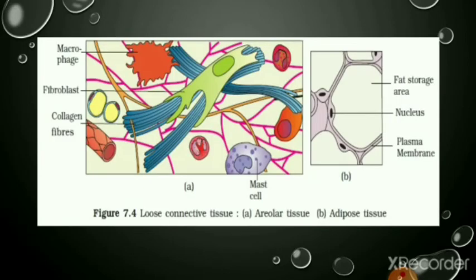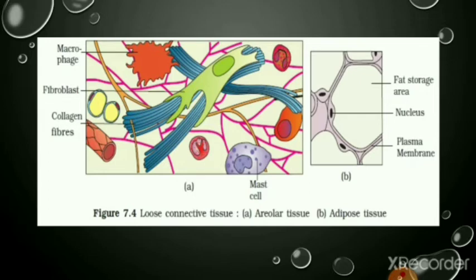Here is the diagram of the loose connective tissues, that is areolar connective tissue and adipose tissue. In the areolar connective tissue, you can easily see that the collagen fibers are present far from each other. They are loosely attached, not compactly packed with each other. Three types of cells, that is macrophages, fibroblasts, and mast cells, are present in the areolar connective tissue.